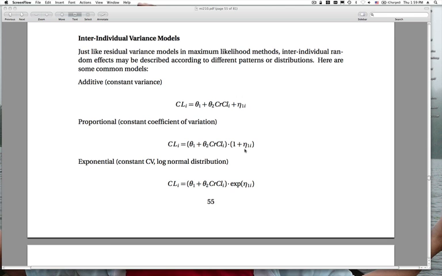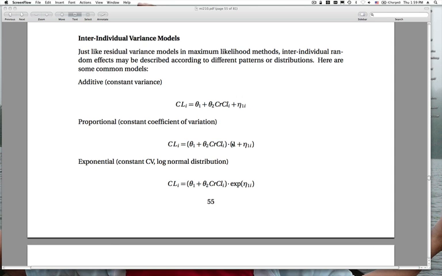So in this case, you'd see that as typical clearance increases, so does the inter-individual random effect. That's a reasonable assumption in population methods, where PK parameters are usually right skewed or have tails to the higher end of the distribution.